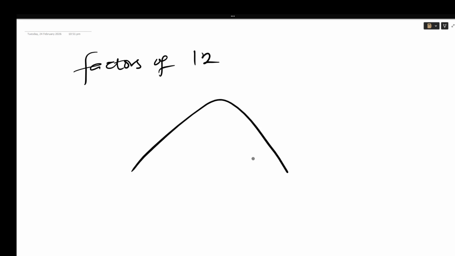I have my hill. 1 and 12 are already factors of 12, right? So then 12, looking at it, is an even number. How to identify an even number? The last digit should be an even number, and 2 is an even number. That means 2 can divide my 12 into how many parts? 6 parts.